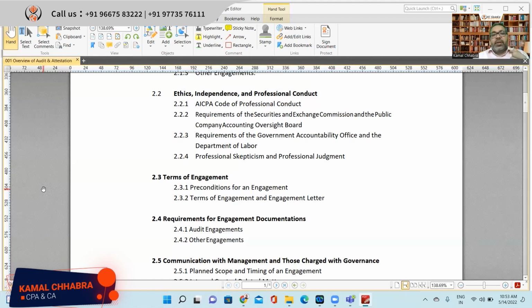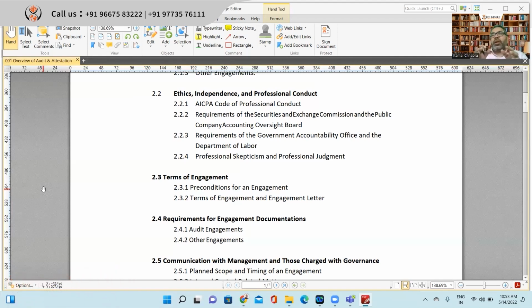And the next one is the Public Company Accounting Oversight Board. The PCAOB, like the Securities and Exchange Commission, comes under the direct laws of the government of the USA, reporting to the federal government.